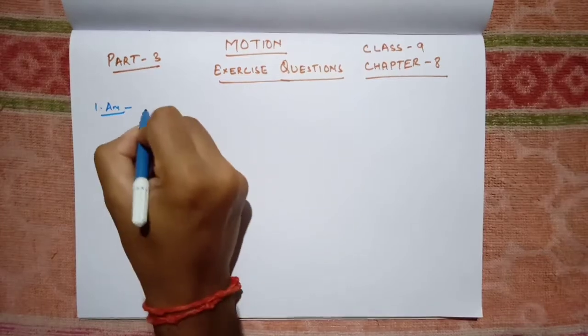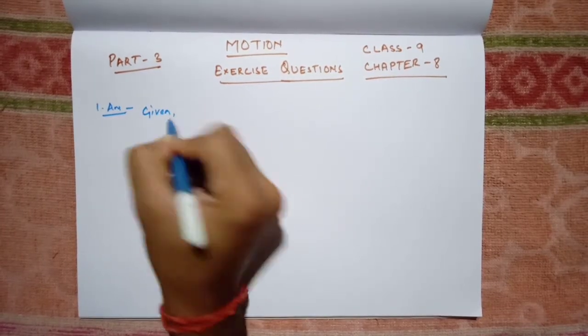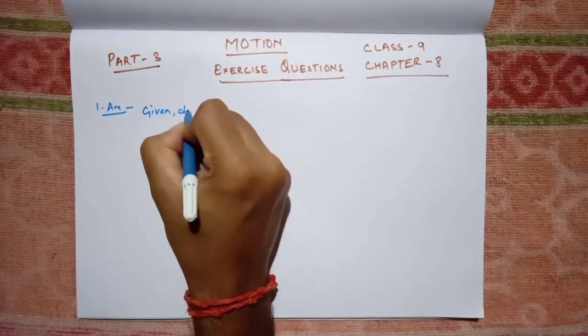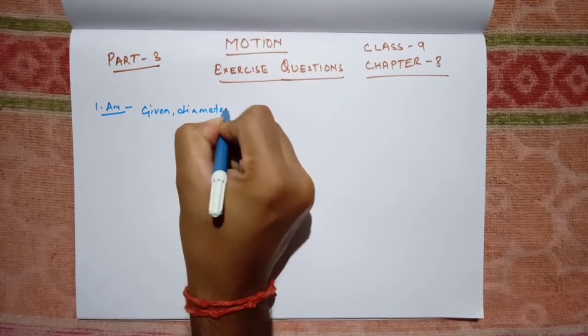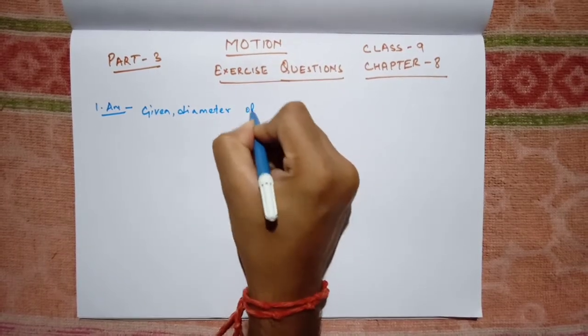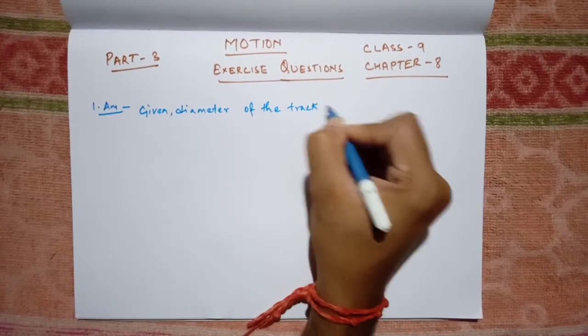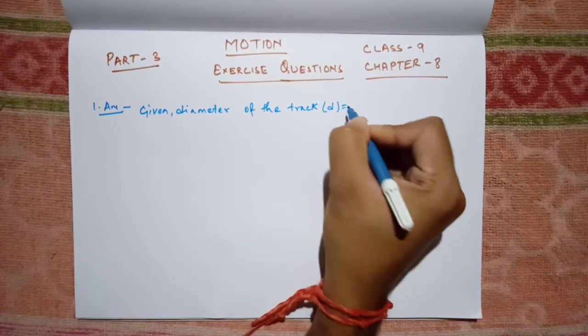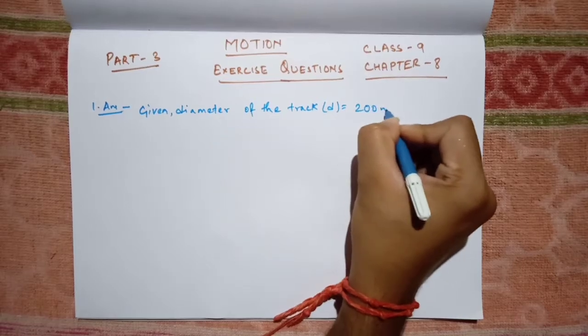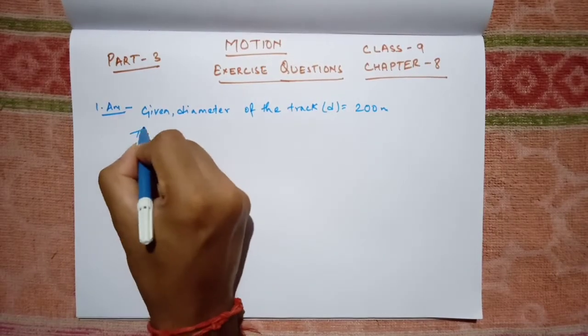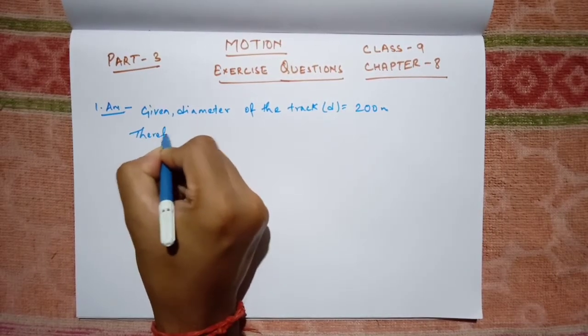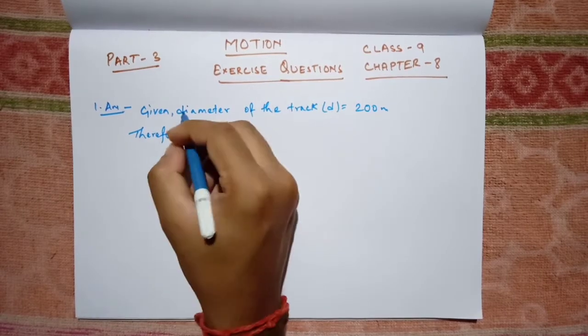First of all, we'll write the given. The diameter of the track, that is D, is given as 200 meter. Then we have to find the circumference.